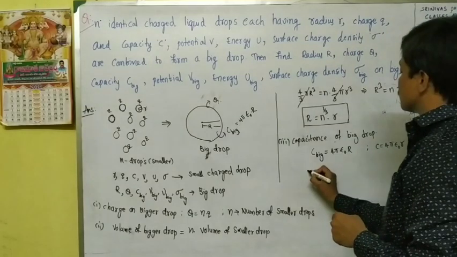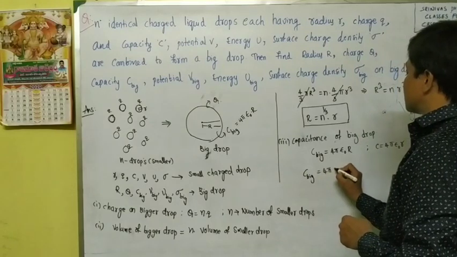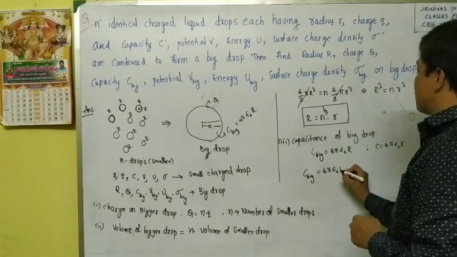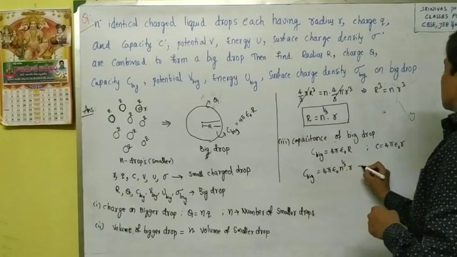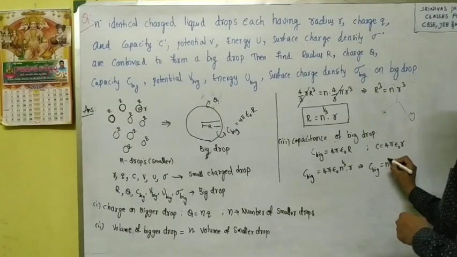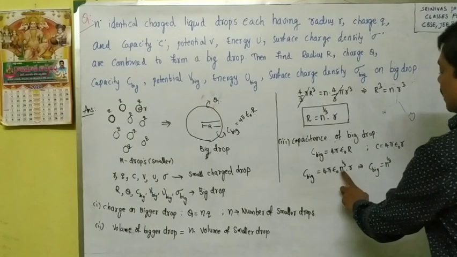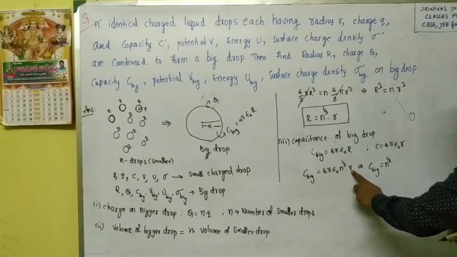But we know C big is equal to 4 pi epsilon naught into capital R, which we write as n power 1 by 3 into small r. Then we get C big equal to n power 1 by 3 times, taking n power 1 by 3 to one side, the remaining is 4 pi epsilon naught small r.